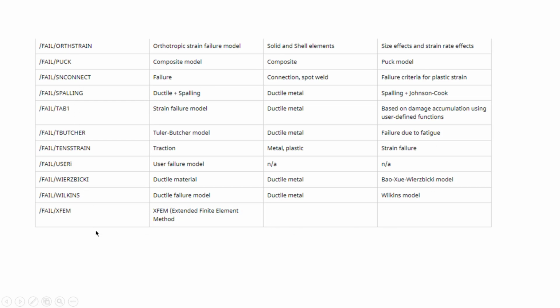One more I would like to show is for spalling and ductile materials. We have Johnson Cook plus spalling. For fatigue failure we have the Tsai-Hill model.